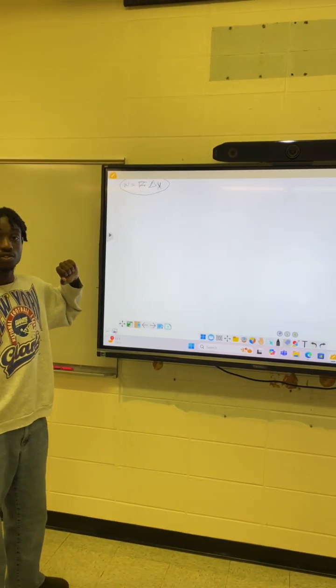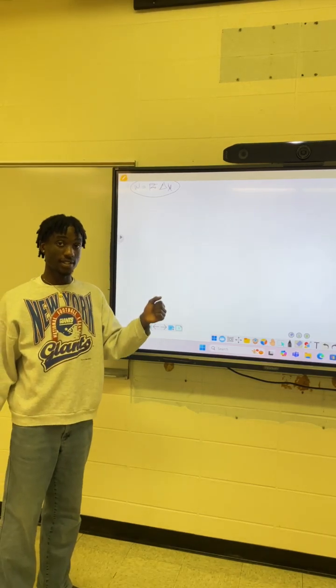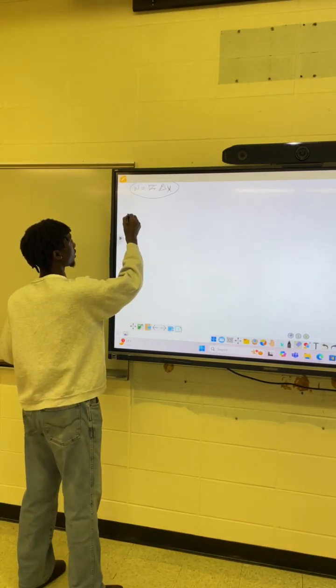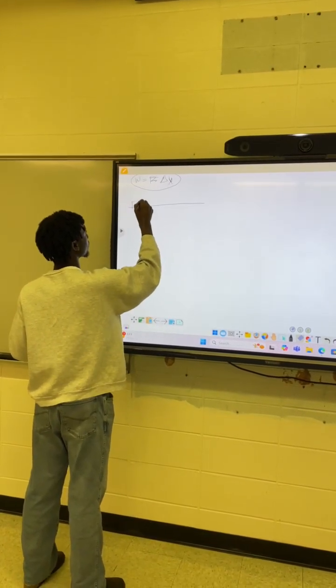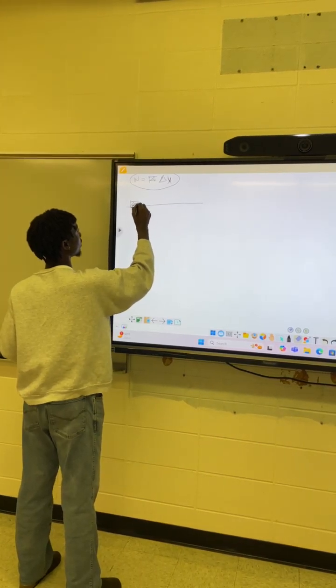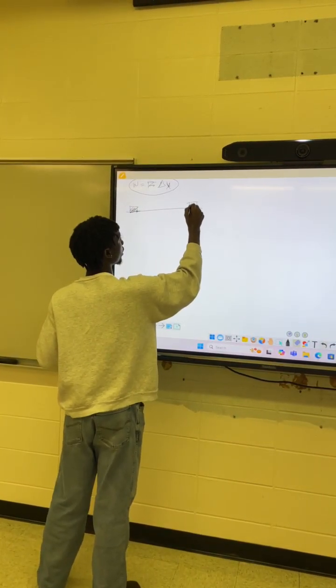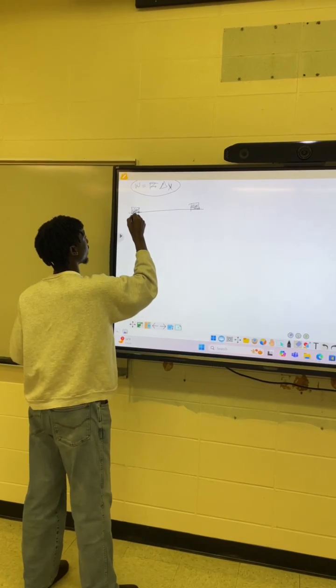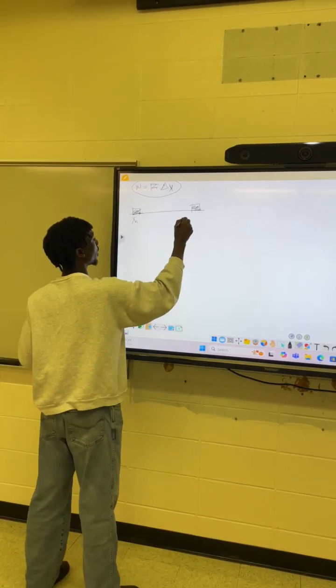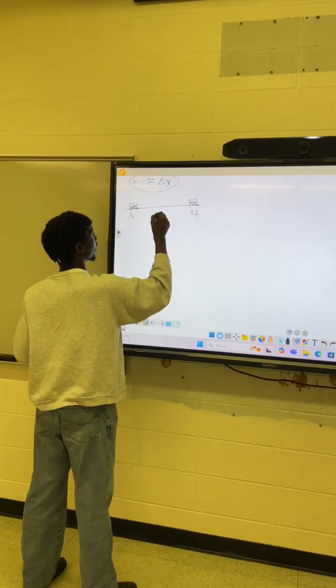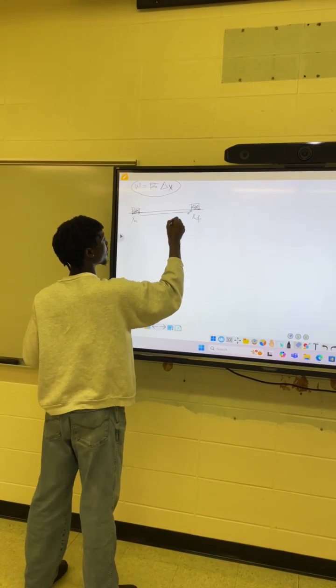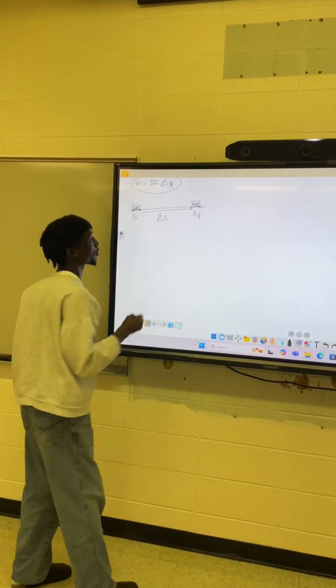So according to the laws of kinematics, we know that if an object is moving in the x direction, our mass moves from here to here. It has an initial position and a final position, and it moves a certain distance. This distance is the change of x.